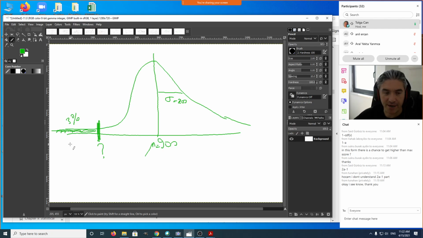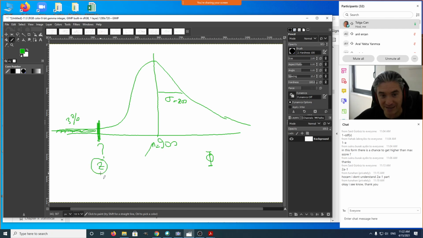All right. Now, again, we may standardize this and ask where the same 3% is going to occur. We need to look at the CDF of something. What is the z-score of this? Let's try to figure out the z-score.